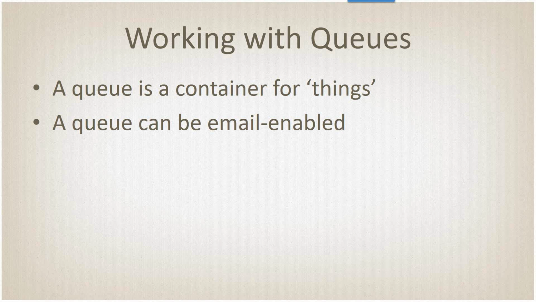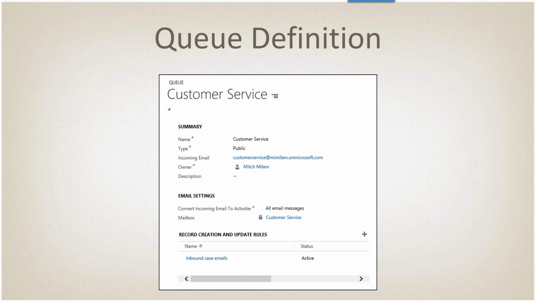A queue is just a management paradigm that was created to allow people to put things into a place where they know to go look for them. The context we're using today is that we're going to have several different types of queues, and those queues will allow us to move work from one place to the other as it comes into the system, and also allows us to work the case as it may be.